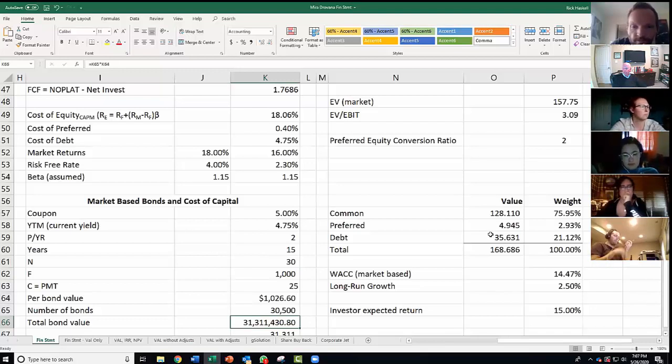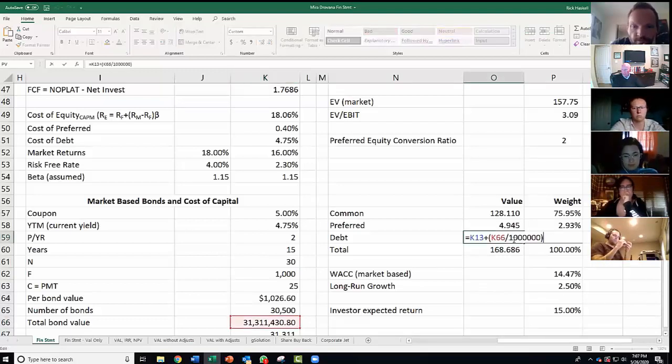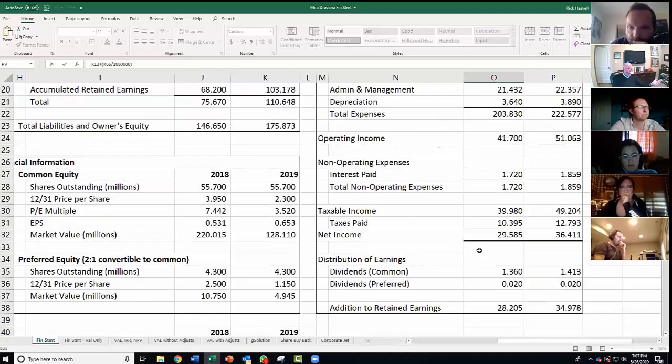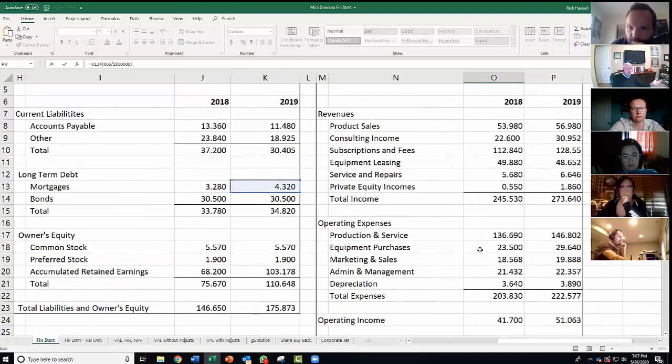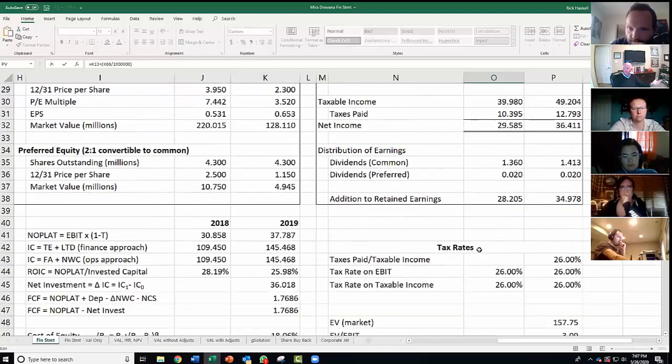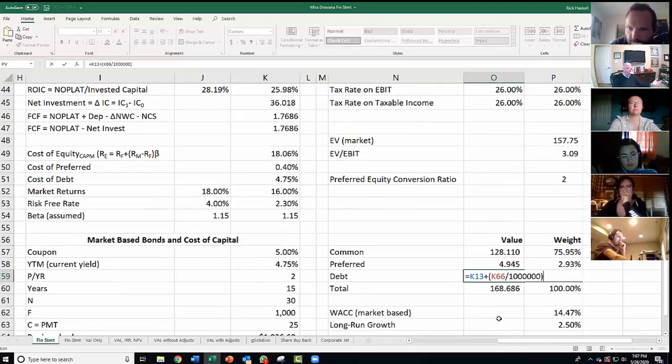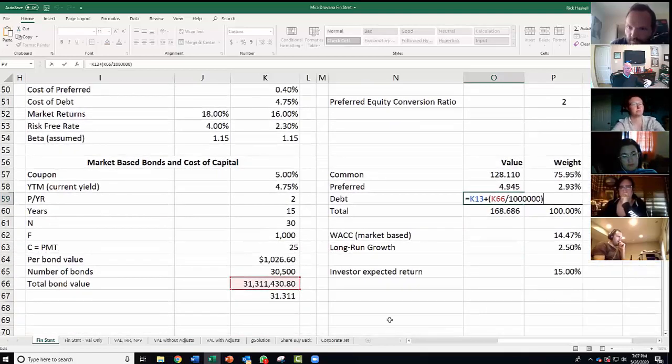So notice what I've done here. I've done the exact same thing you've done. I took K13, which is the value of the mortgages, 4.32 up here. I took that and added it to K66, which is this fully expressed value of the bonds, but I had to divide it by a million so I could get it in the same construction as the value of the mortgages.